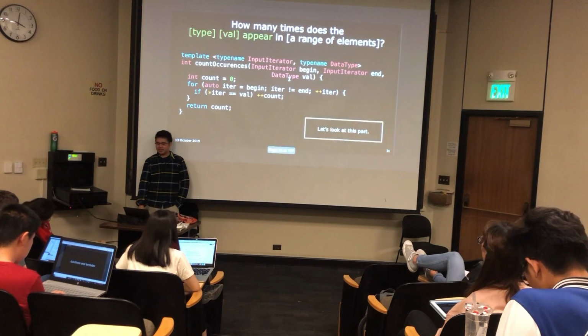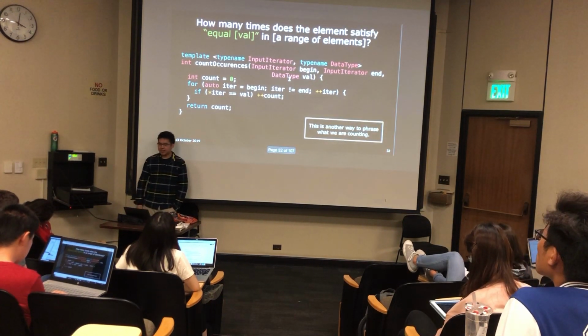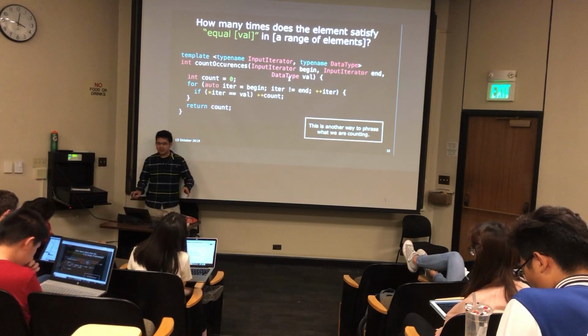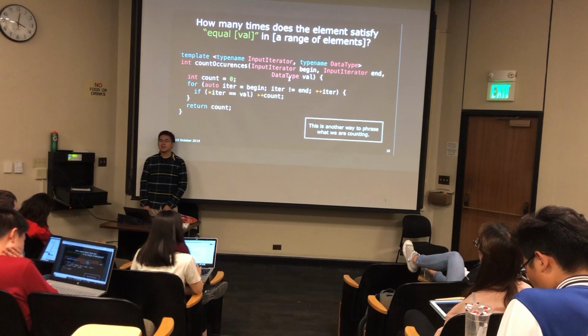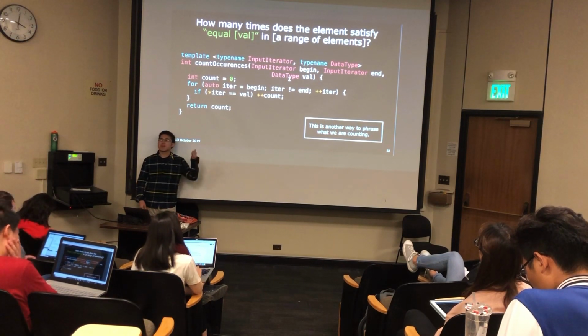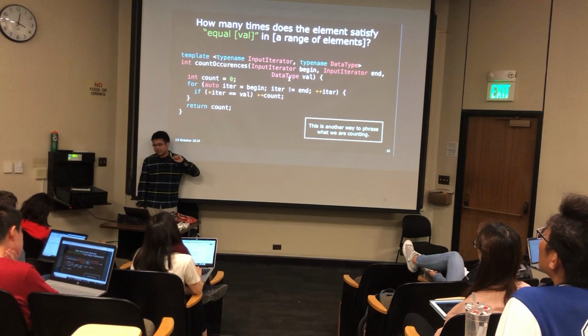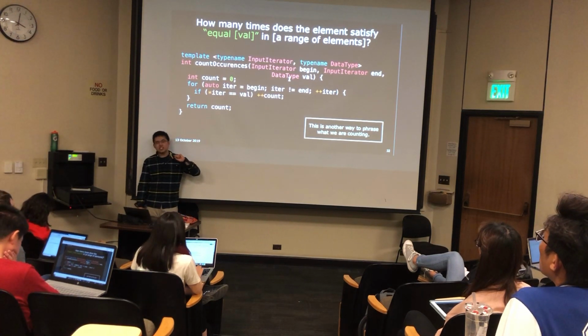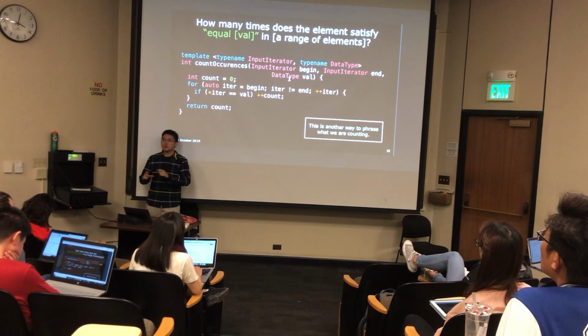One way to do that is we can look at this part, and let's rephrase that to: how many times does the element satisfy equal value in a range of elements? Okay? Same thing, right? Agreed? Okay.